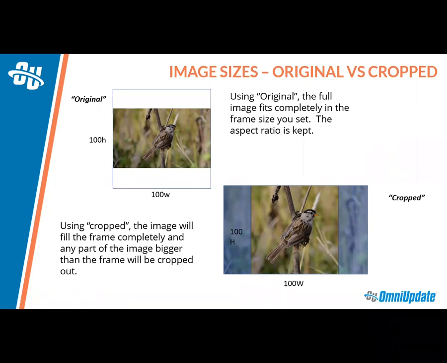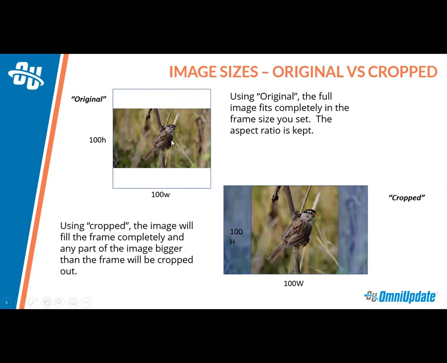Now, what that allows me to do is when it fills in this box, it's going to go from the right edge to the left edge at 100 width, but then it's going to stop. And what you're going to have is just some blank space at the top here and the bottom here.